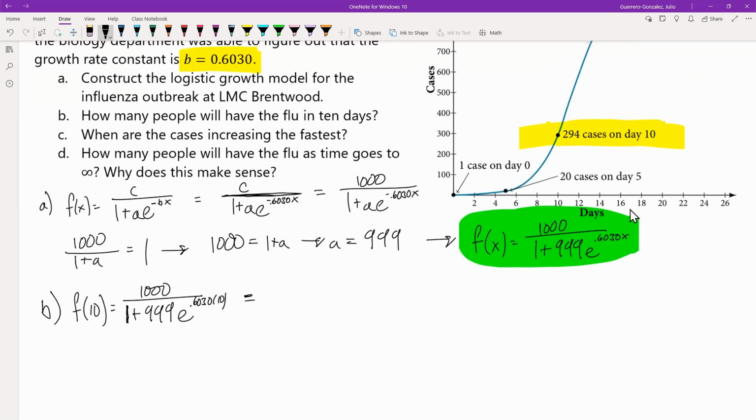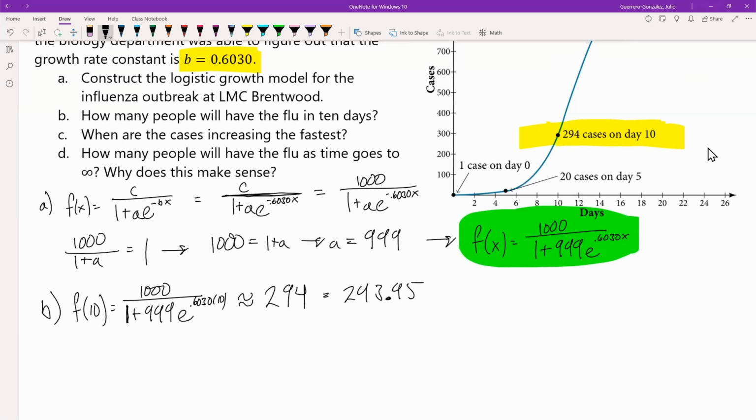And that gives us the 294. It's about 294. I'm going to write it that way. It's a decimal value, but it's close enough. I think it's 293.95. Okay.